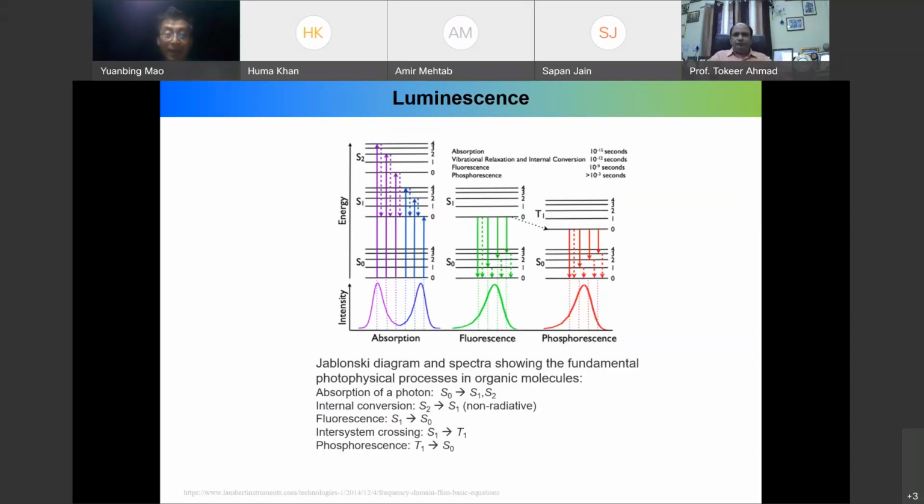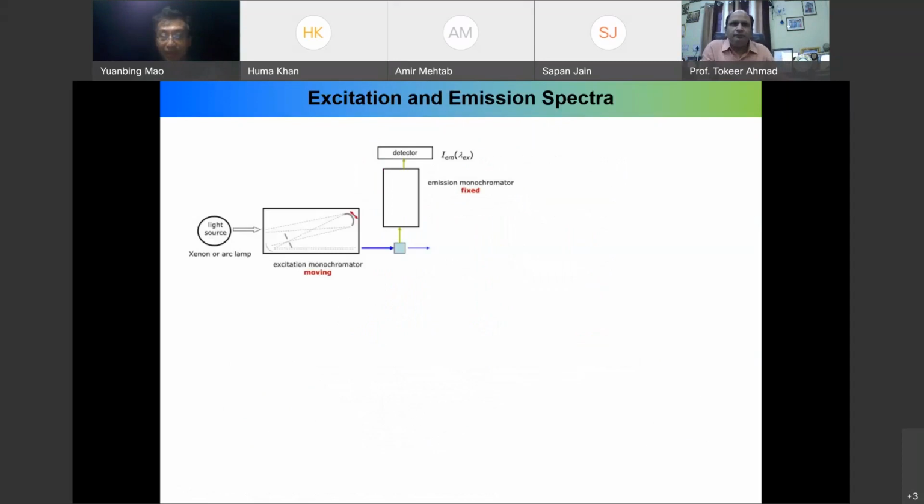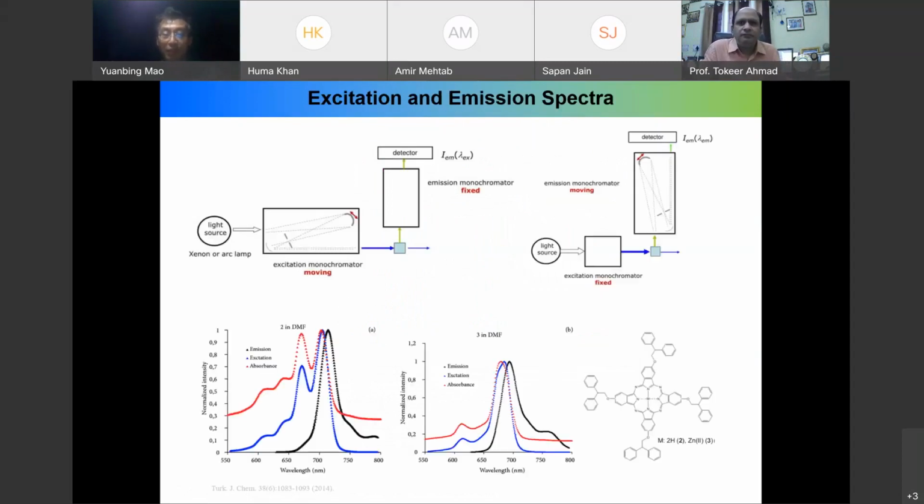The excitation spectrum also looks similar, so that's why I want to show you this. Most of the time the absorption spectrum and the excitation spectrum have similar peak positions.